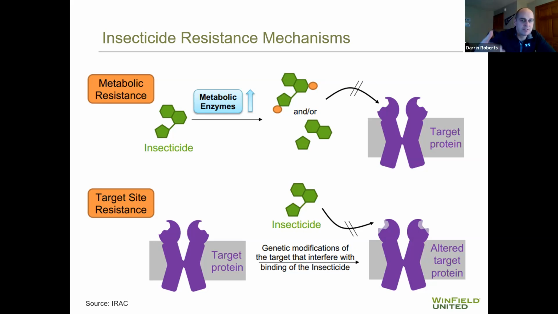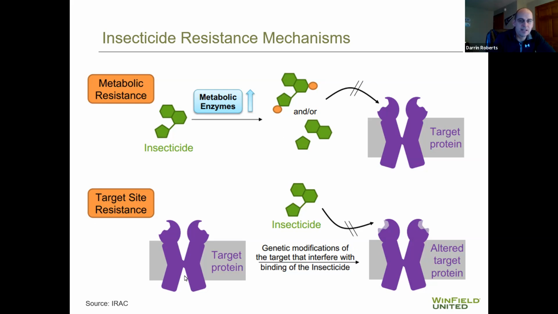There's different enzymes that are active within the insect, and what they're doing is they pretty much metabolize, or break down, that specific insecticide molecule so that it doesn't fit in the active or the site of action in the target protein. If it doesn't fit there, it can't bind to the target protein and shut off that process within the insect. That's kind of the basics of metabolism-based resistance.